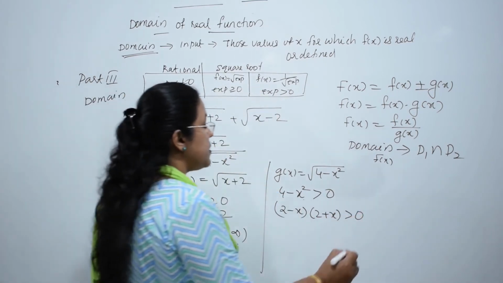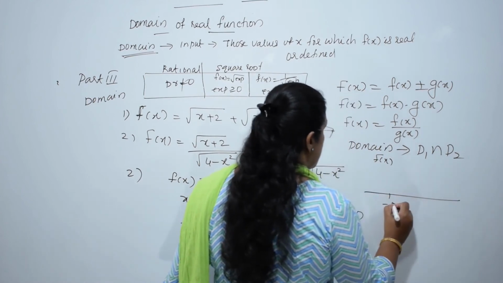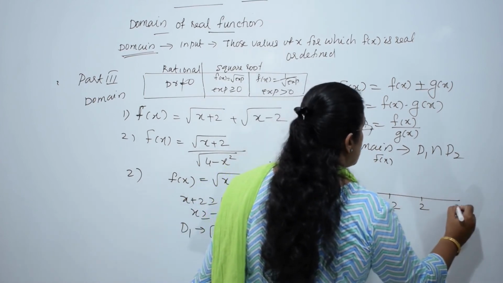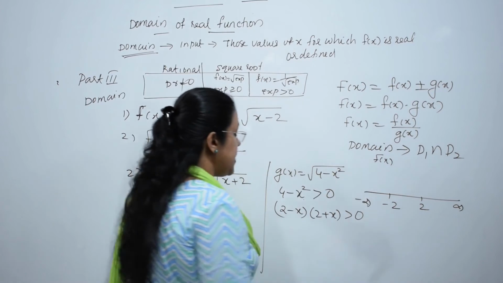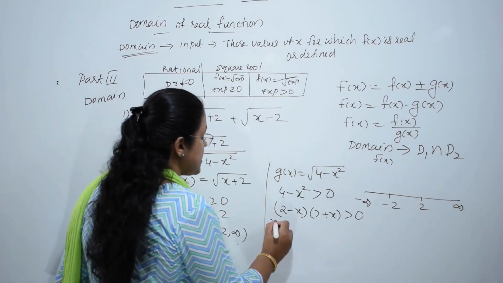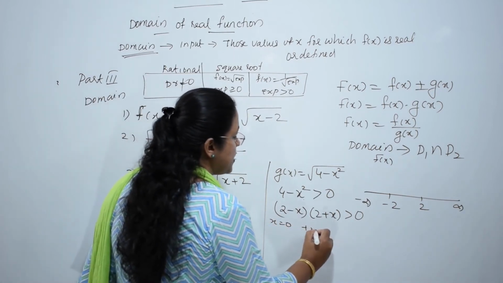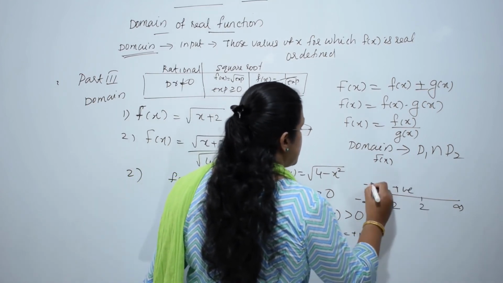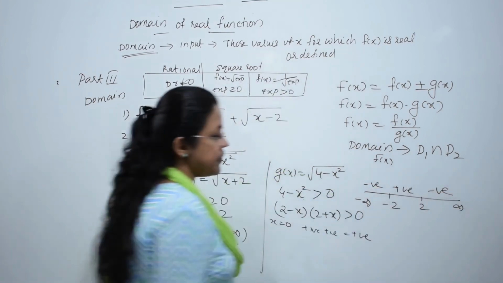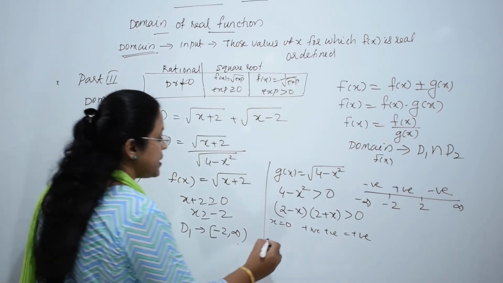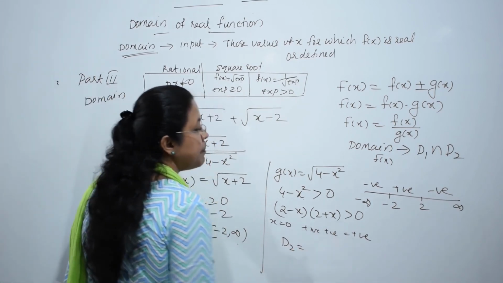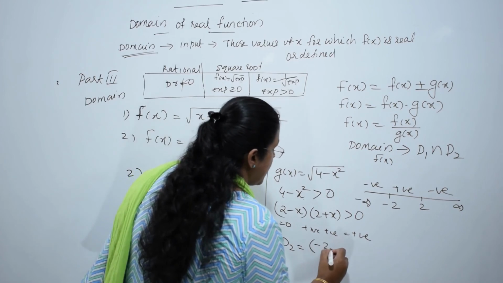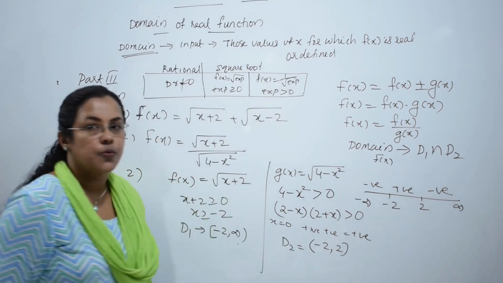We have to find the region where it is positive. If we put x as 0, it becomes positive into positive, which is positive. Here it is positive, and on the outer sides it is negative. So d2 is the open interval −2 to 2.